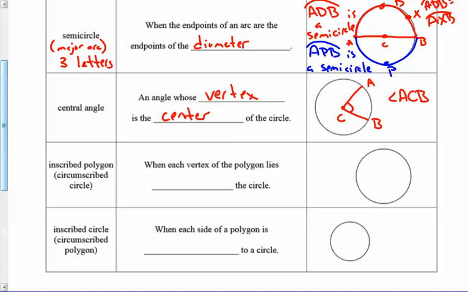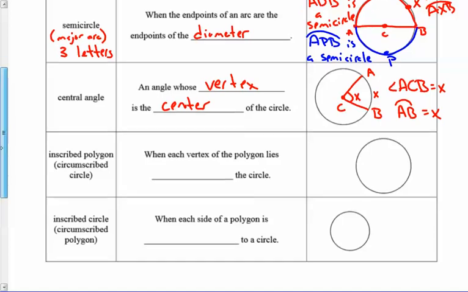If I say angle ACB is X, then arc AB is also X. So the central angle we'll get to in a little bit, but a central angle is just an angle with a vertex at the center, right? The center is the vertex, all right?